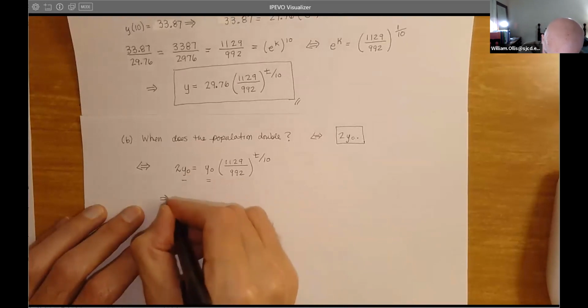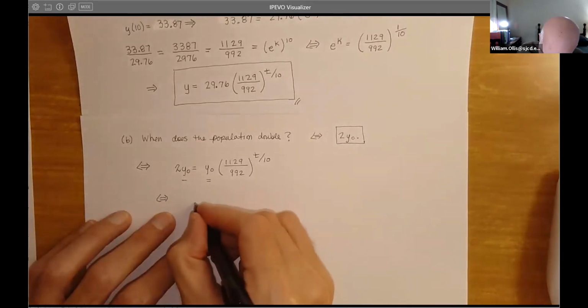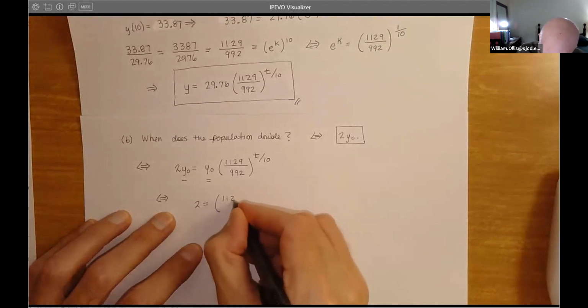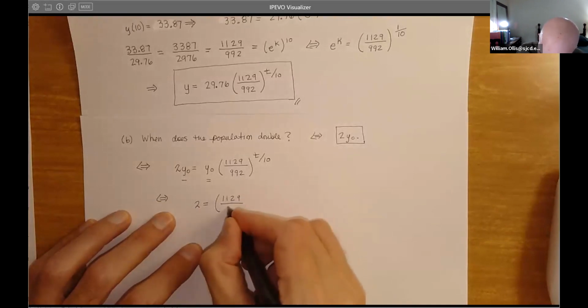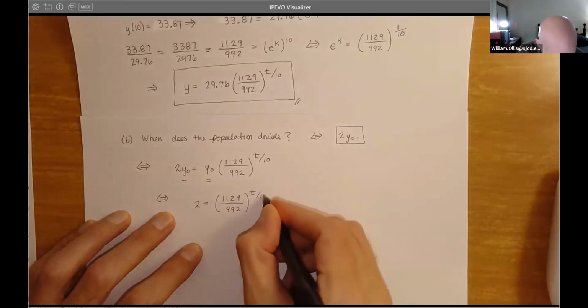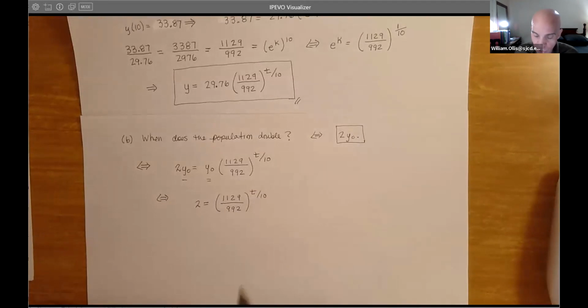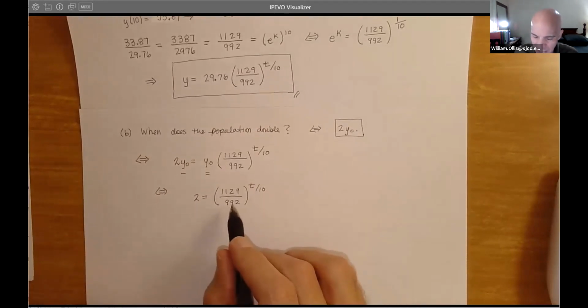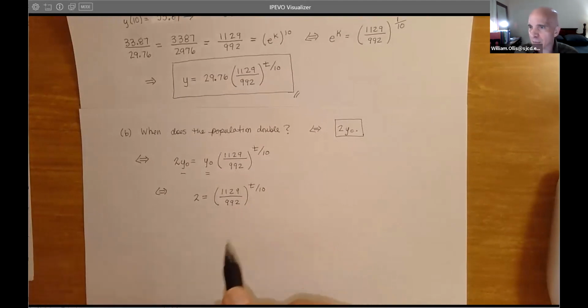And equivalently, we have, in this case, 2 equals 1129 divided by 992 to the t over 10. So what I would suggest here is, like we did with the last problem, we don't want to use that base. That's a little bit untoward and kind of messy and just too much work.